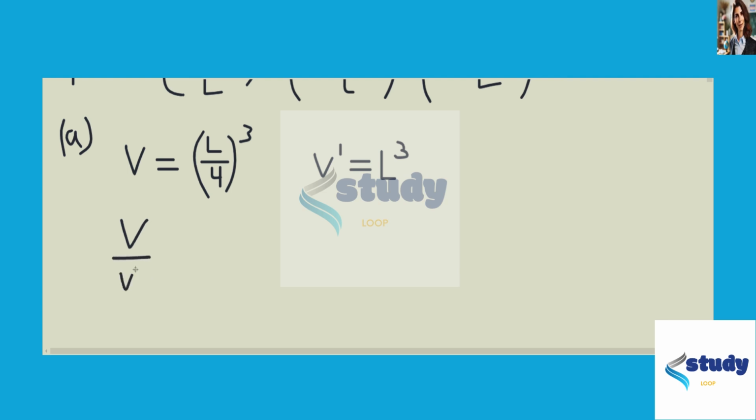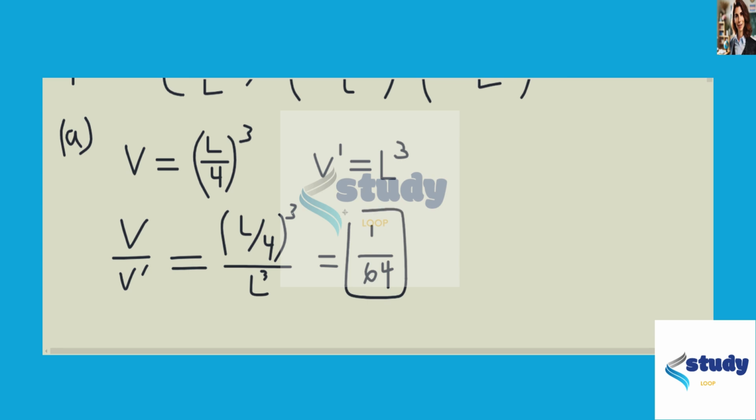We plug in the values, and of course the L values cancel, because we have L over 4 to the third divided by L to the third, which is equal to 1 over 64. You can give it as a decimal value or as a fraction. I'm going to leave it as a fraction.